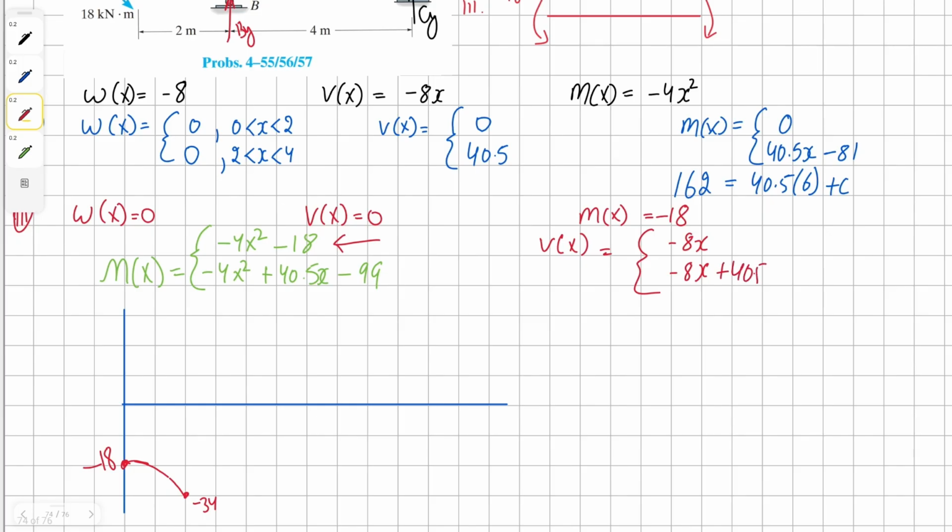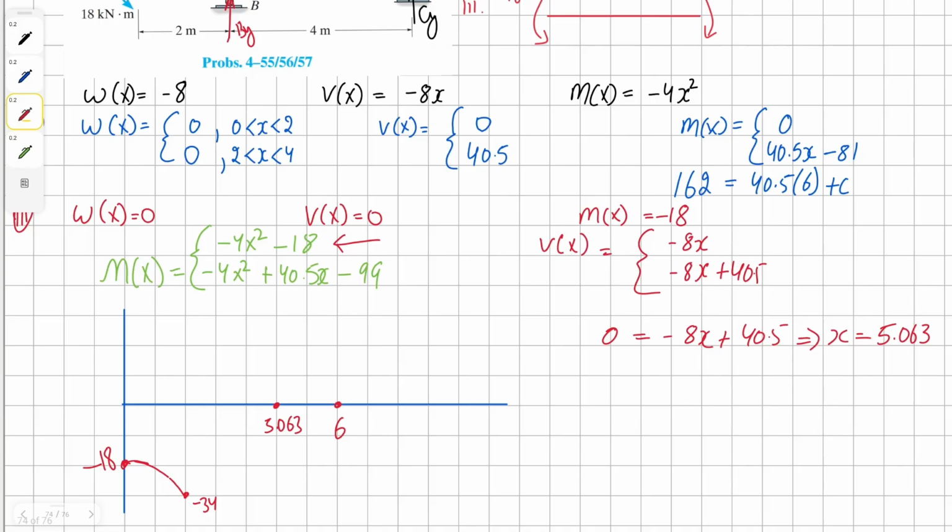Using equation 2, because we are in region 2 right now, we're going to look for our x-intercept here. And our x-intercept comes up to be 5.063. So somewhere along here is where we have our maximum. This is our 5.063, and then we can have our 6 here. So now the question is how much is that?